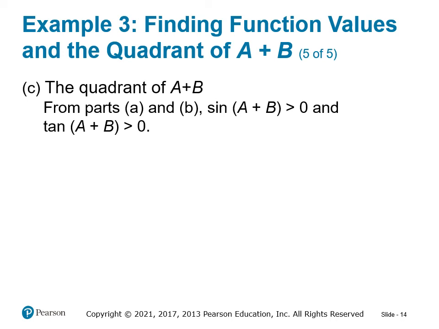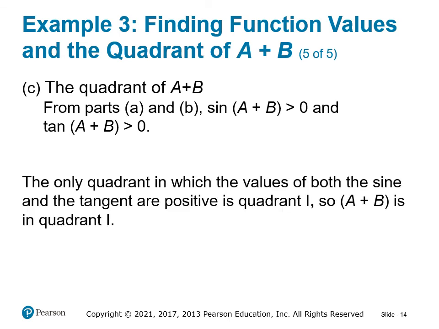And we know that tangent is positive when the sine and cosine are the same sign, positive or negative, and that occurs in quadrant 1 and quadrant 3. So the only quadrant that these both are true in is quadrant 1.